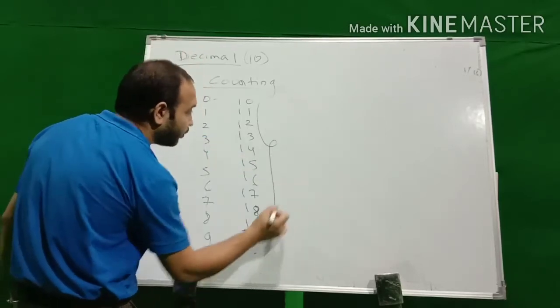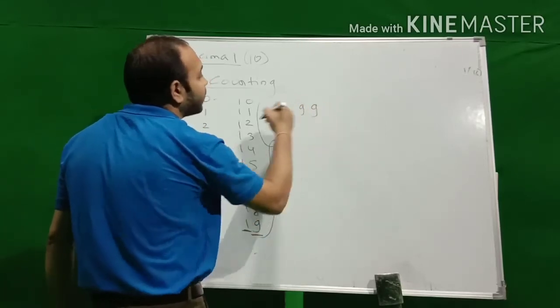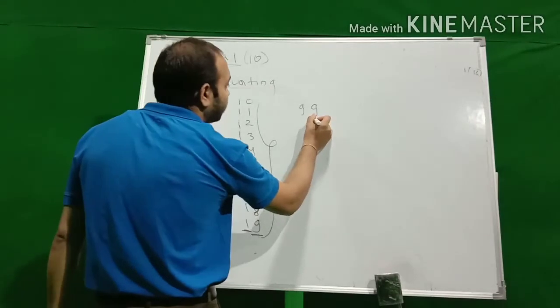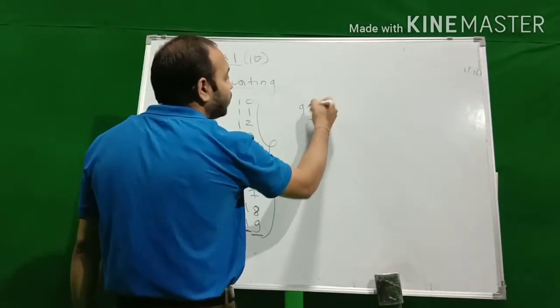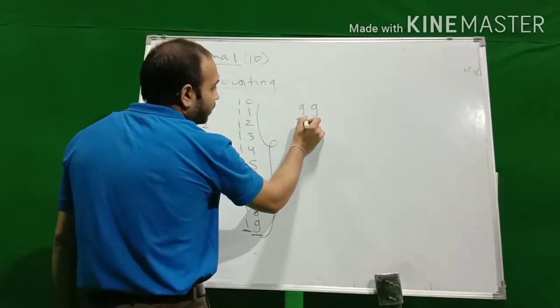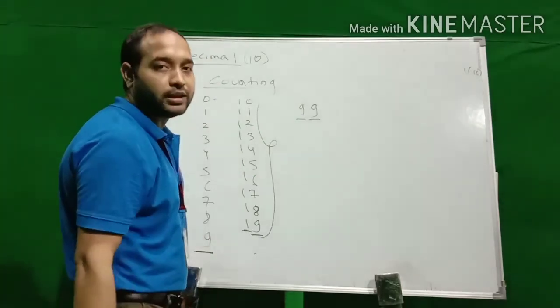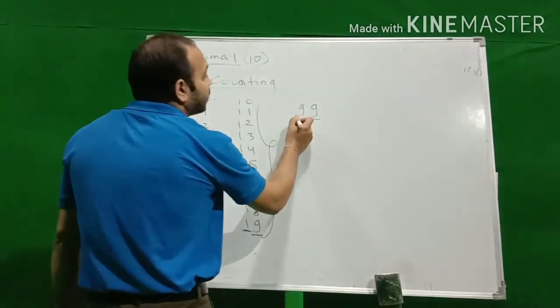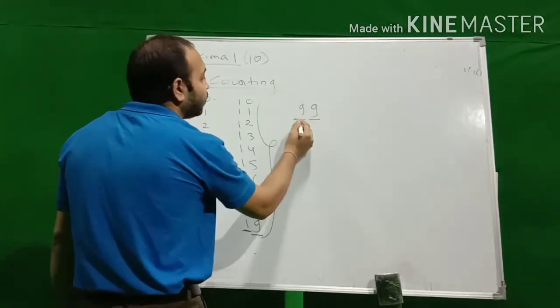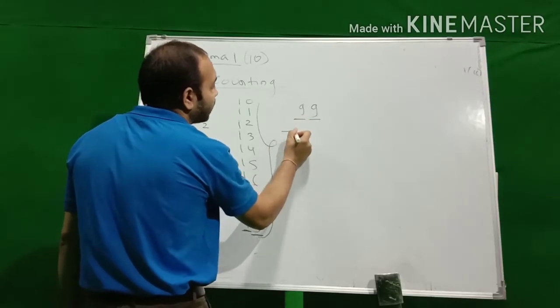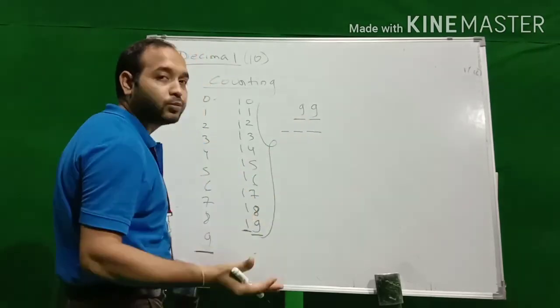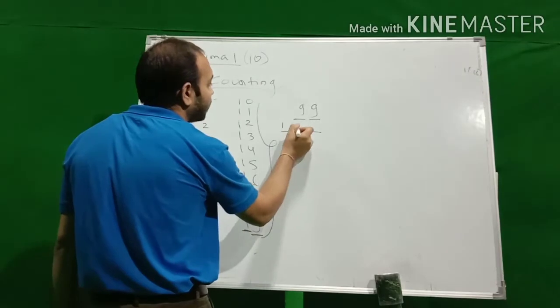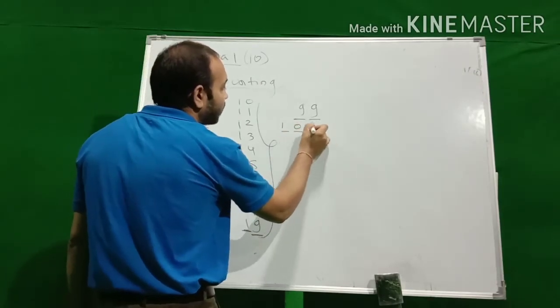We can go up to a maximum of 99. Means this unit place you have used all 0 to 9 numbers, this 10th place you have used all 0 to 9 numbers. So if you want to write more, you have to use the next position, the 100th position, then you write 1 0 0.